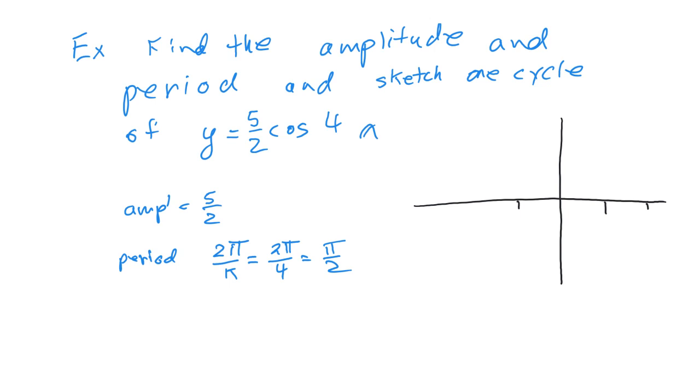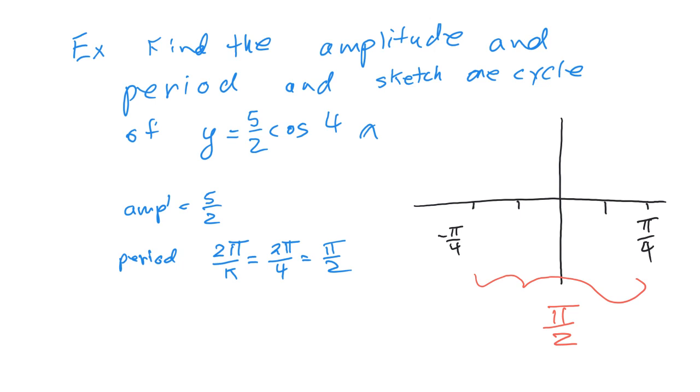Now, what I'm going to do is write everything in terms of fourths. So now you know that if I go from, let's say, -pi over 4 all the way up to pi over 4, what we've just done is we've created a total period of pi over 2. So that's where this comes from. So that's a total distance of pi over 2.